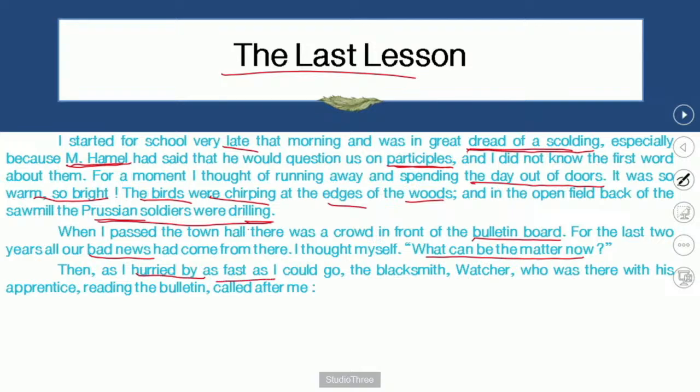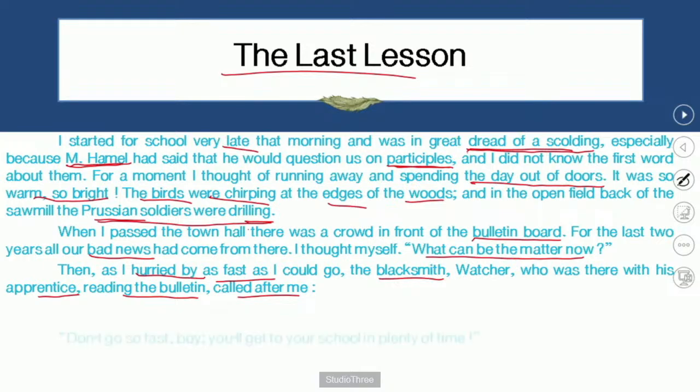The blacksmith means a person who makes iron articles, and he was watching there also. He noticed that some apprentices, some persons doing newly skilled work, were also reading the bulletin board, and they called after me as I was going through.